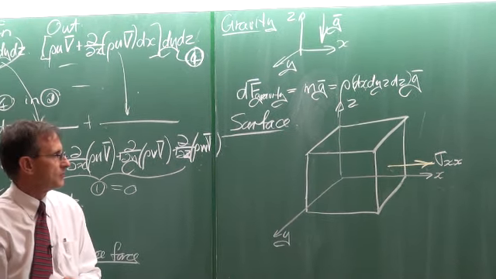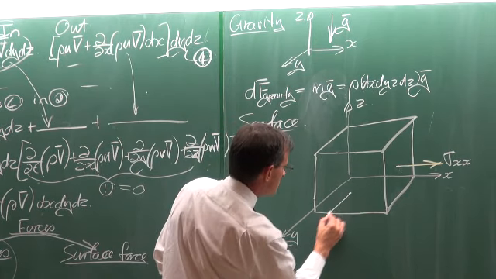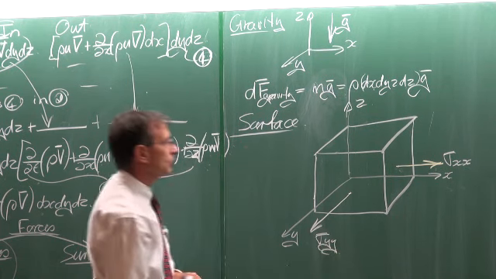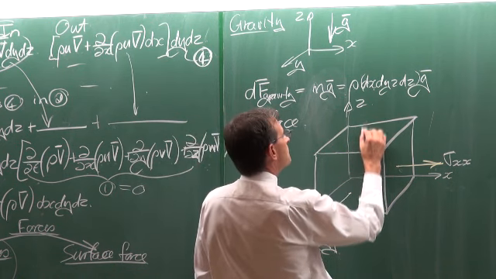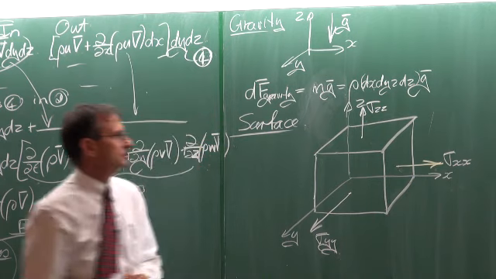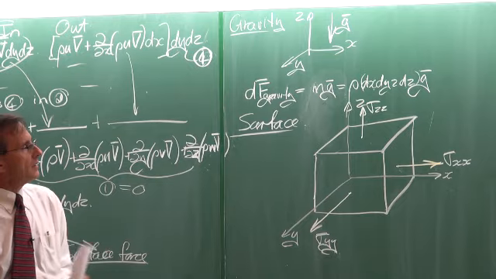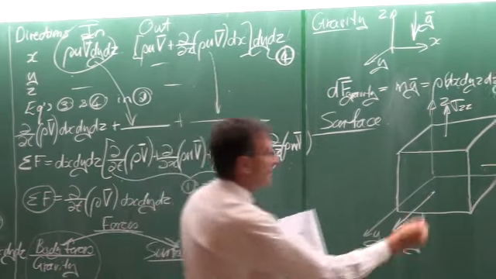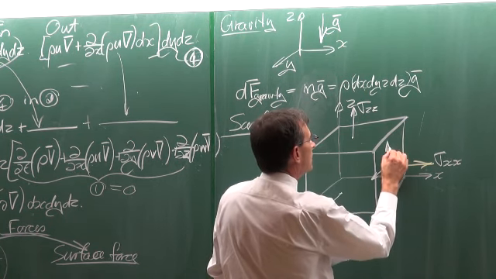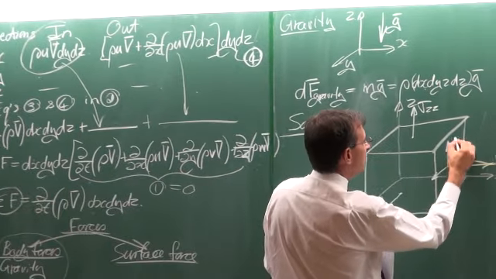This one would be sigma yy, and that one would be sigma zz. Once you've done that, you can draw in the others like that, always in the x direction. And then it's very easy.